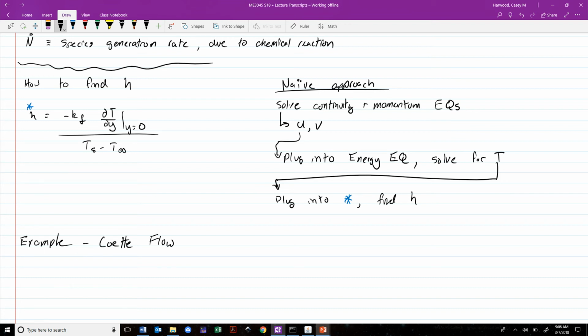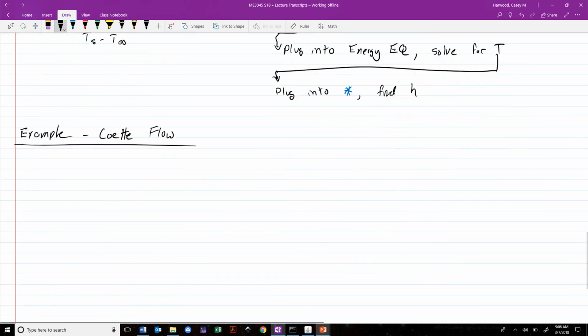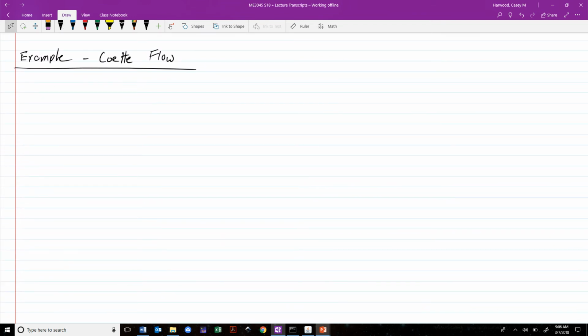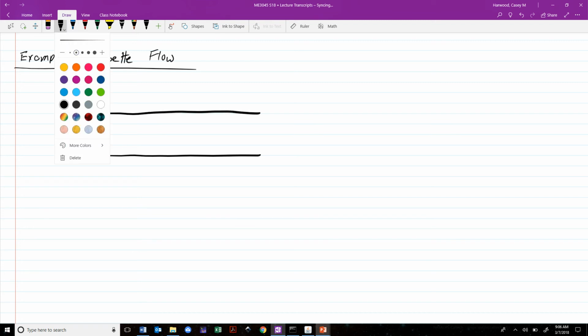This is an example of what we call Couette flow. So in Couette flow, we're going to assume that we have two parallel walls. Okay, these walls are going to be assumed to be infinitely long.